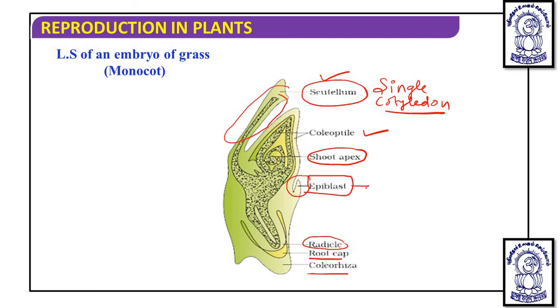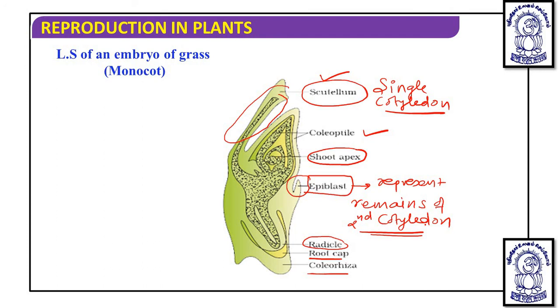Now the epiblast represents the remains of the second cotyledon, because it is known that initially dicots evolved and had two cotyledons, but when evolution occurred and monocots evolved, monocots had a single cotyledon.